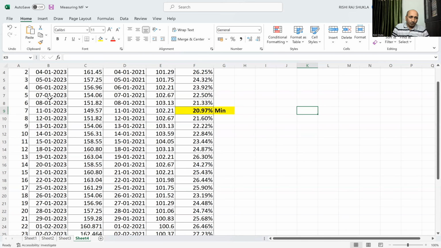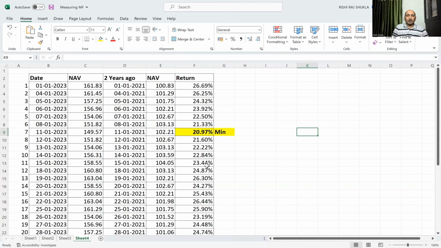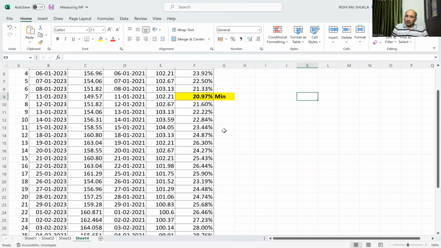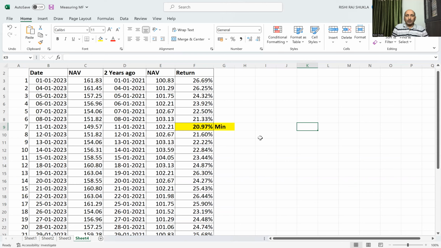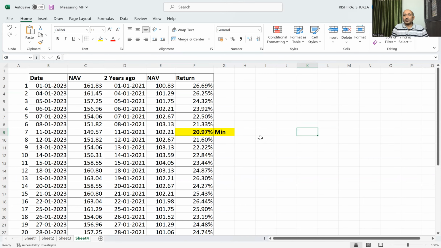Every day we are calculating and getting this annualized return. From this data, we have taken only 27 for explanation purposes. Otherwise, it can be more. In 1 year, around 220 days the market is open, and so NAV will be there for that much period. So we can have that much data.